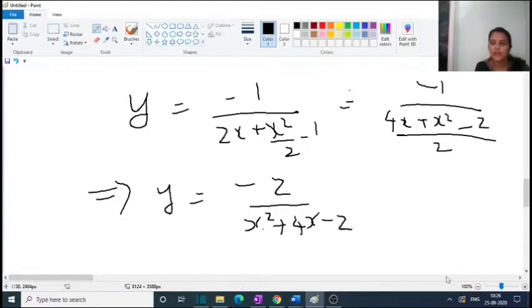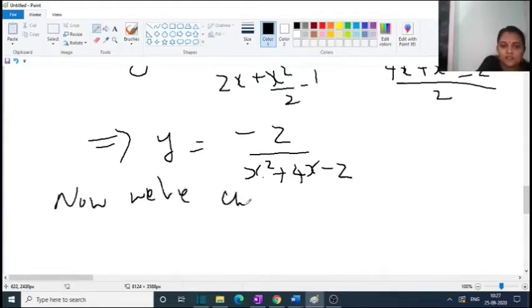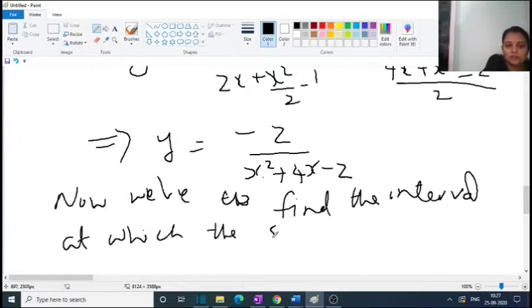Now we have to find the interval at which the solution is minimum.